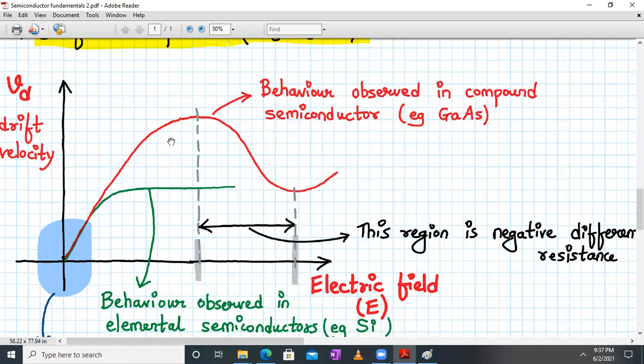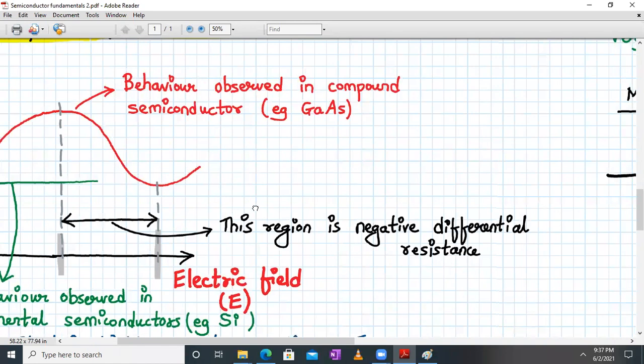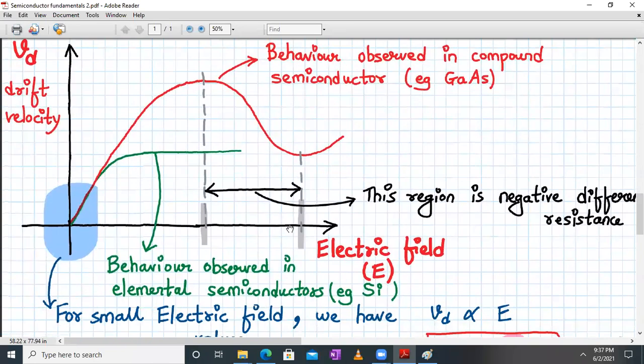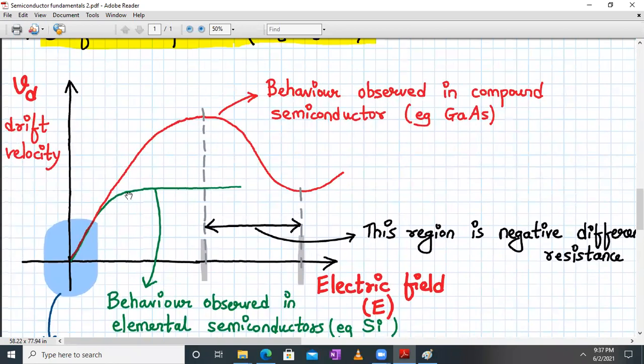The region between the highest point and the lowest point is called the negative differential resistance region. For elemental semiconductors, as you go on increasing your electric field, the drift velocity of carriers will mostly saturate at a particular value.